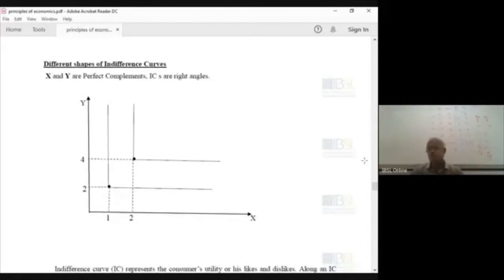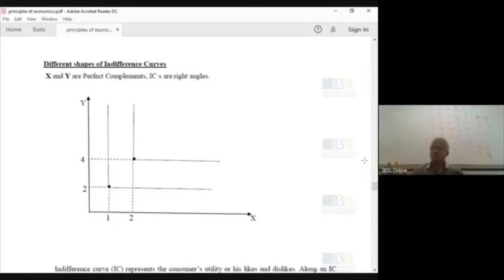One right shoe, one left shoe. Two right shoes, two left shoes. Three right shoes, three left shoes. One right shoe and two left shoes, you don't get any utility. One right shoe and three left shoes, no meaning. Always 1 to 1.